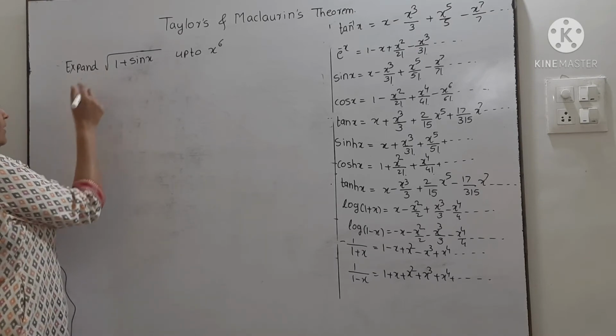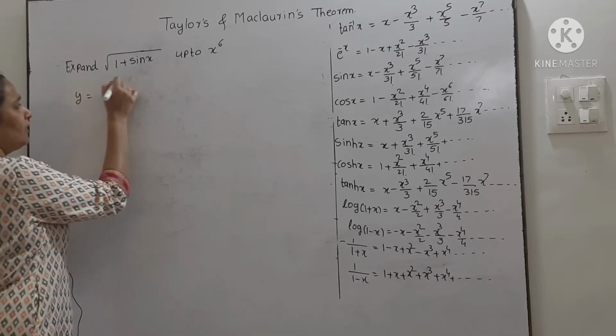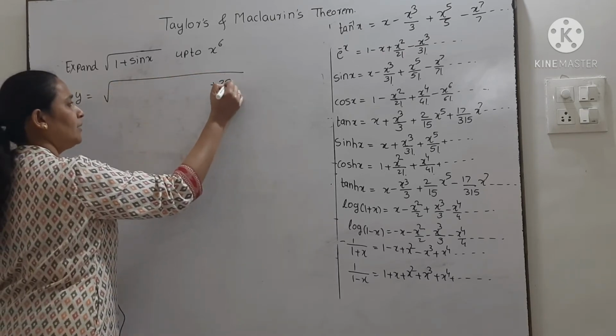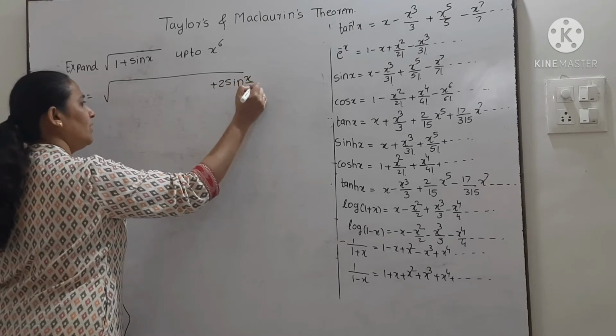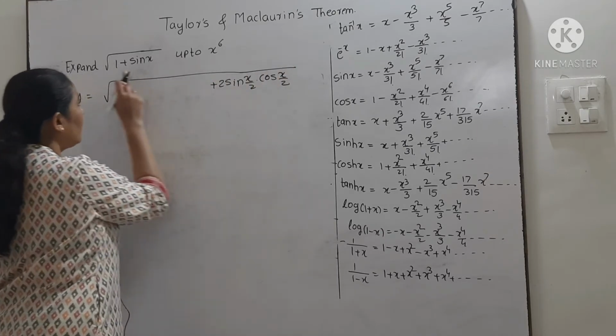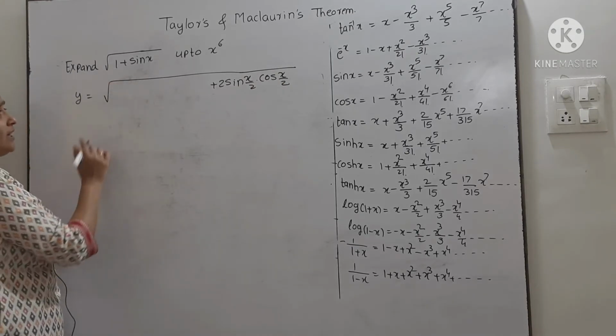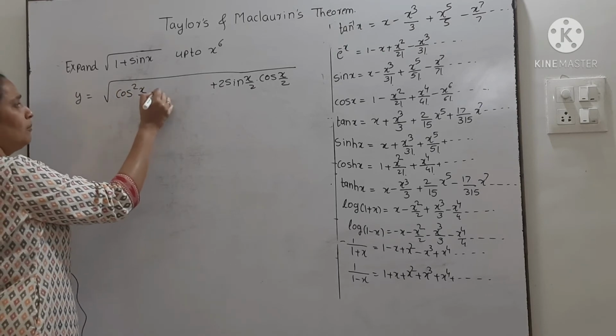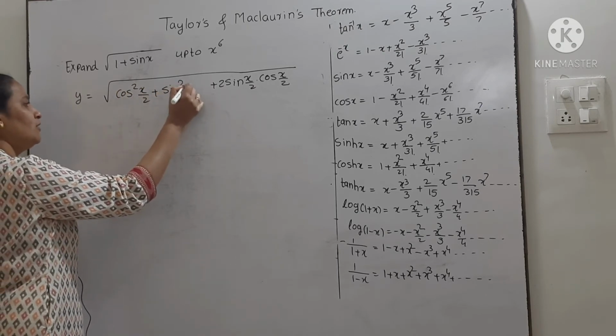We first simplify this. Say y is equal to, if I use the half angle formula for sin x, it is nothing but 2 times sin x by 2 into cos x by 2. And we can write the value of 1 by using the first identity of trigonometric functions. It is cos square x by 2 plus sin square x by 2.